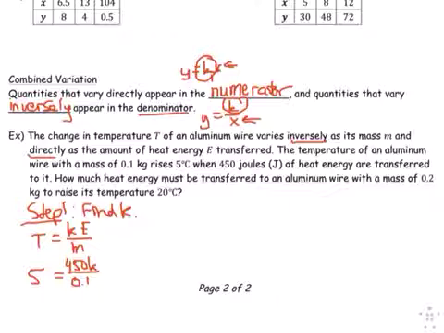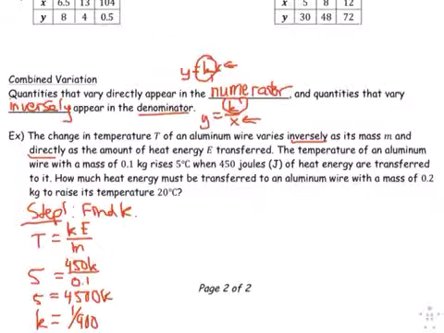Multiply both sides by 0.1, or you could divide by 1/10, which makes this 5 equals 4,500 k, and then dividing through and simplifying for a k value of 1 on 900. Notice no units, it's a constant of variation.